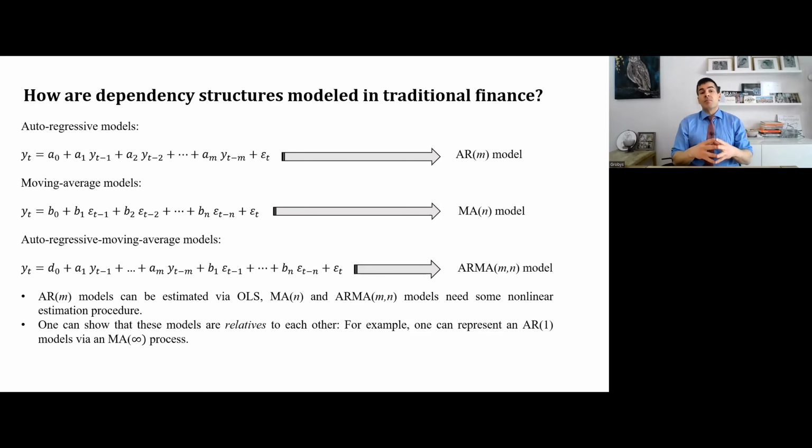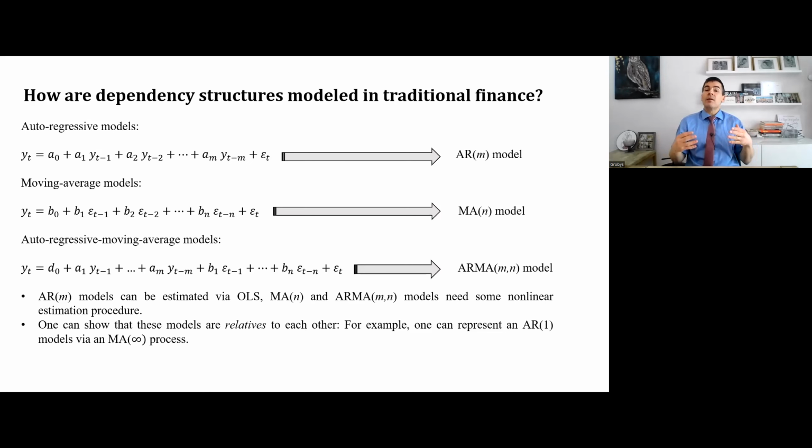Another model class are the moving average models, which you see here, which is the second equation here. The yt is dependent on what? On epsilon t, which is again the innovation process that is independent distributed. But here, the lags are from the innovation process itself and not from the dependent variable. So we see here the lags epsilon t minus 1, epsilon t minus 2, until epsilon t minus n.